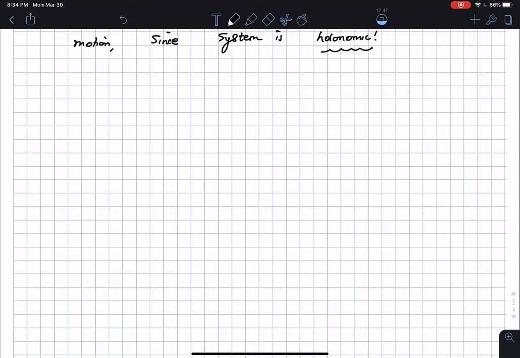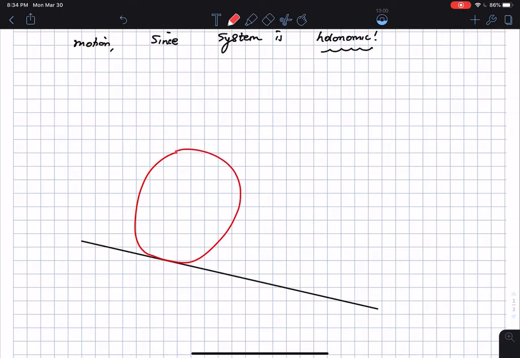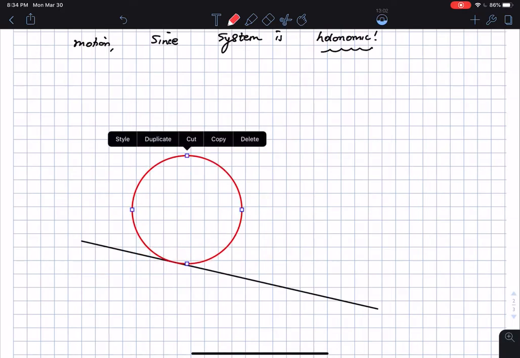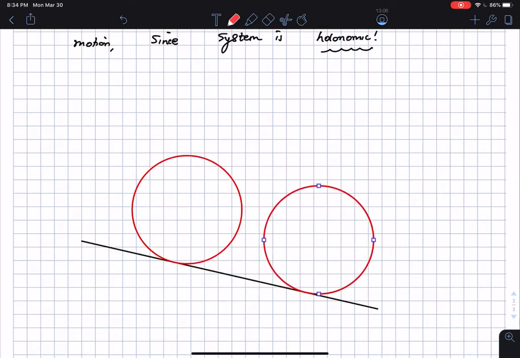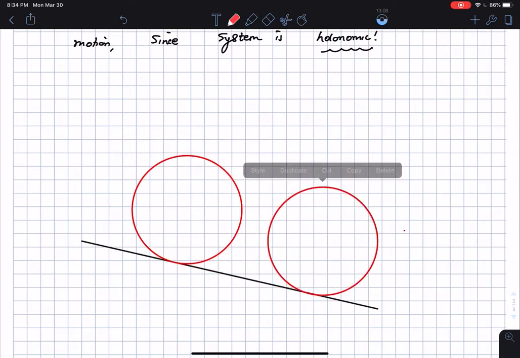Okay, so let me redraw the disk once again. So here is the incline, and then I have our disk, which is sitting here. So what I'm going to be doing here is drawing this 2 times. This is 1, and then this is the position of the disk as I move in a time t. So let's say that this is the initial position of the disk.